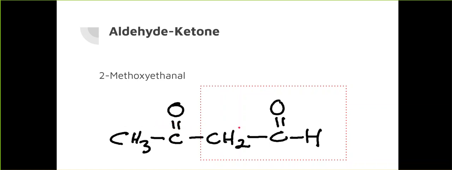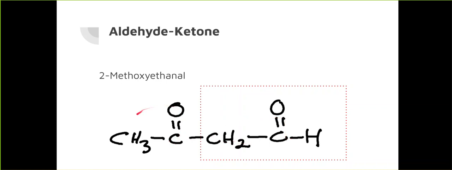Yeah, so you say aldehyde trumps ketone. So I'm going to make this ketone group a functional group. So I look at everything up to this carbonyl group here, and that becomes your aldehyde. Since there's 2 carbons here, this is going to be ethanal.